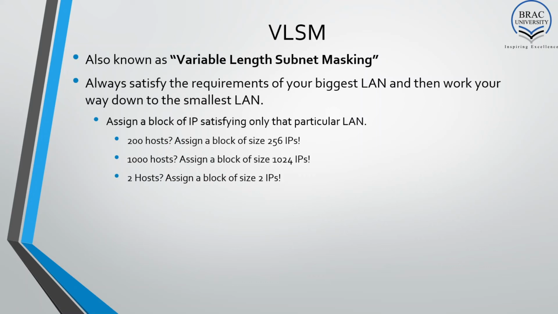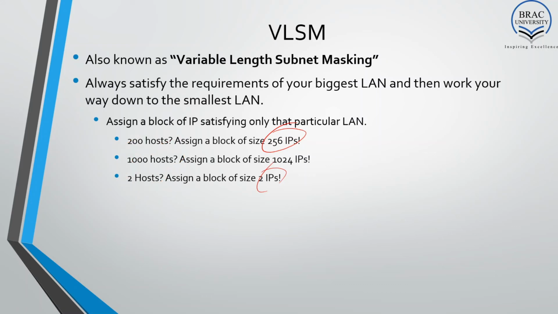As you can see in the example, I need 200 hosts, so I apply 256, because 2 to the power 7 is 128 and 2 to the power 8 is 256. For 1000 I can apply 1024, which is 2 to the power 10, and for 2 hosts I can assign just a block of size 2 IPs, like 2 to the power 1.